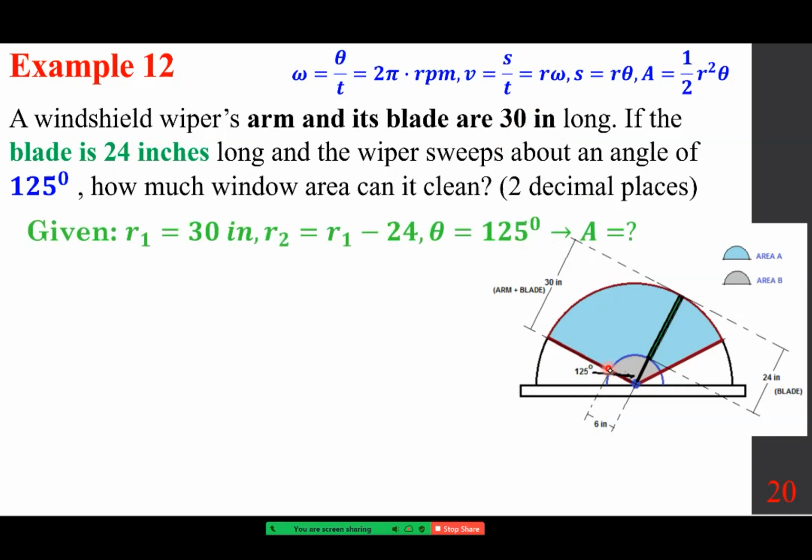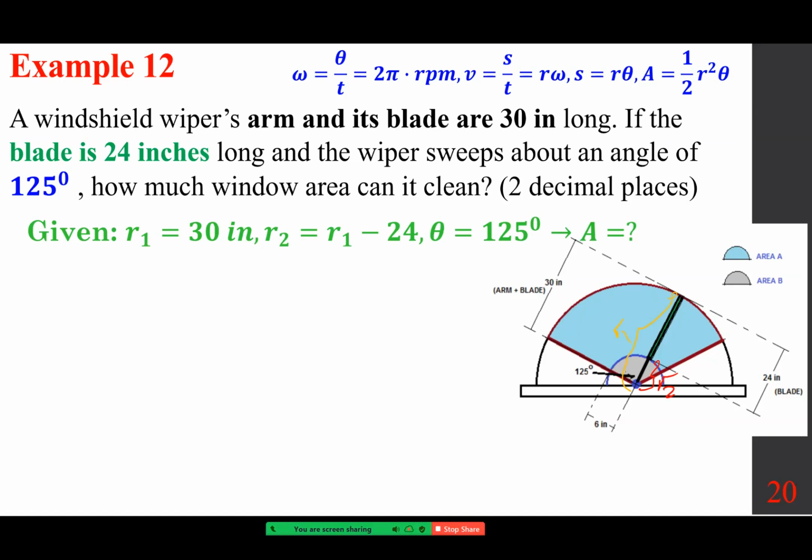So here's what's given. R1, that means this. This is R1. R1 is 30 inches. And R2 is really this one, which is 30 minus 24.